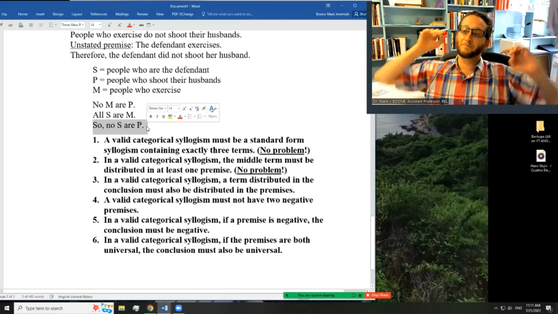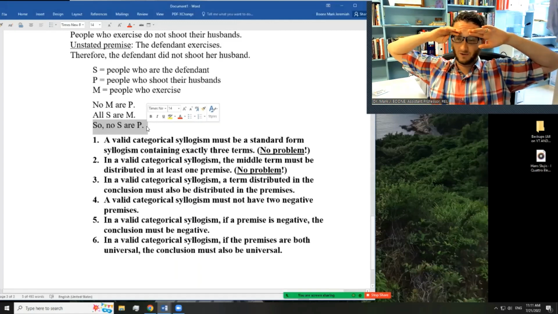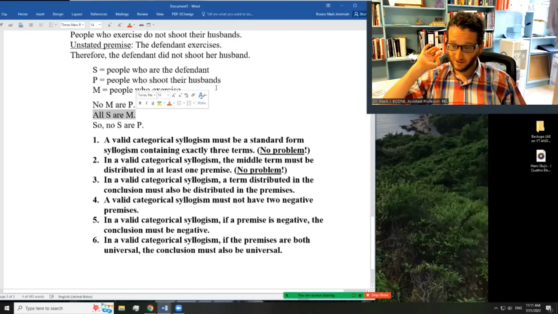Well, good. The conclusion is another E proposition, so it distributes S and P. So they should be distributed in both premises. And the first premise is an E proposition, so it distributes both of its terms, so P is distributed. The second premise is an A proposition. A propositions distribute the first term.